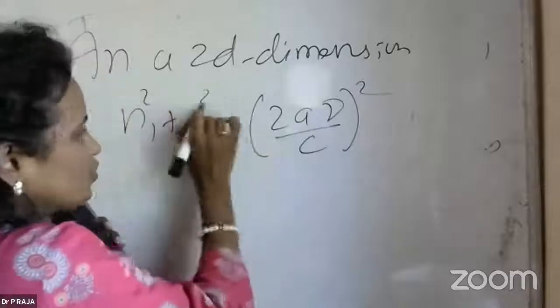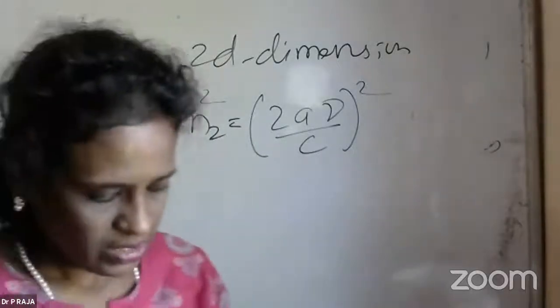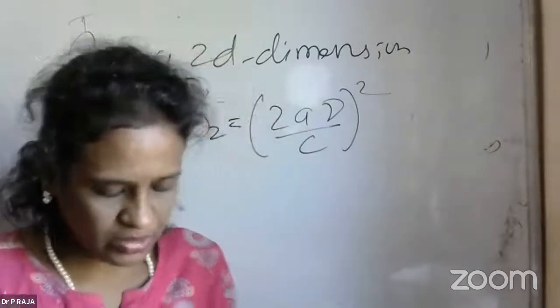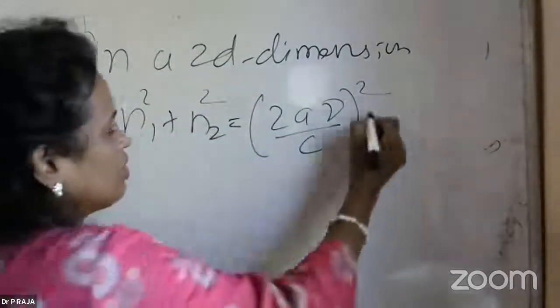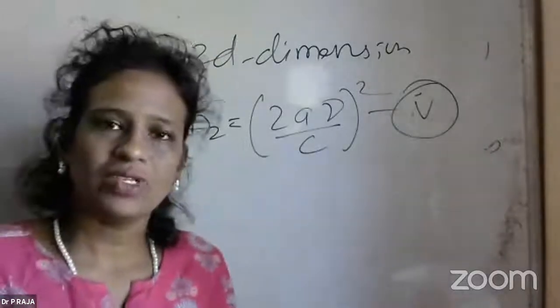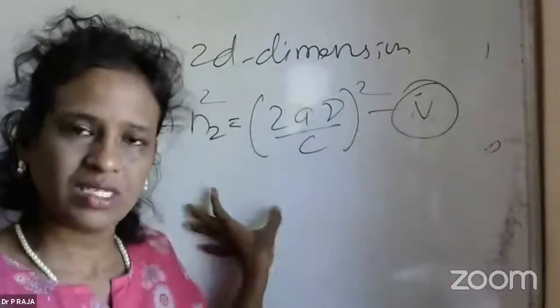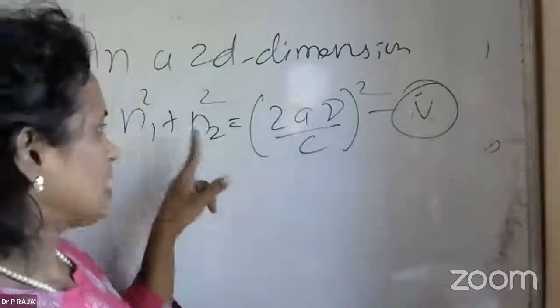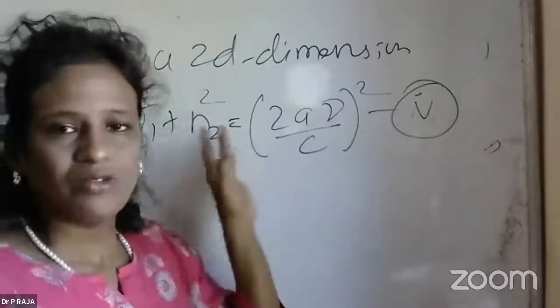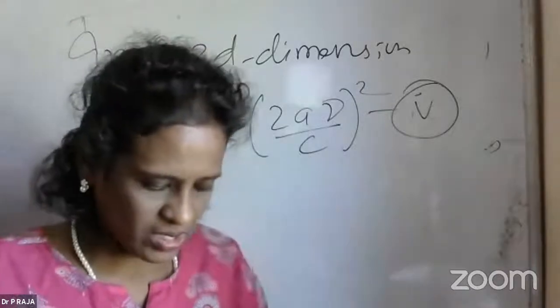This is also the same, so we are going to consider a two-dimensional problem. Let's put this as equation number 5. The equation that we derived is for three dimensions, but even in two dimensions, n1 square plus n2 square equal to (2a nu by c) square will be valid.